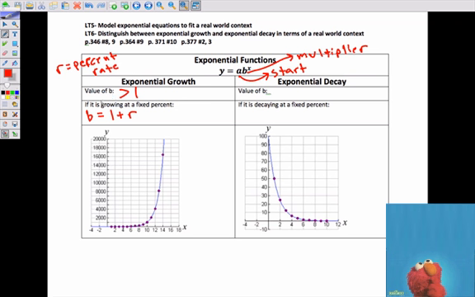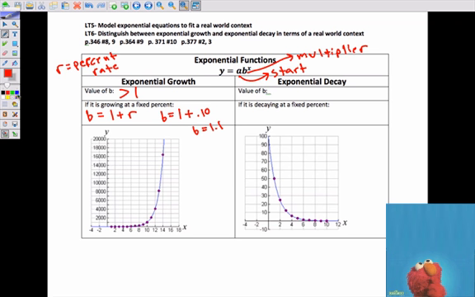So if it is growing by, we'll say 10%, then b would equal 1 plus 10%, and in this case b would equal 1.1. So we would have b in our exponential equation as 1.1 if something is growing at a 10% rate.